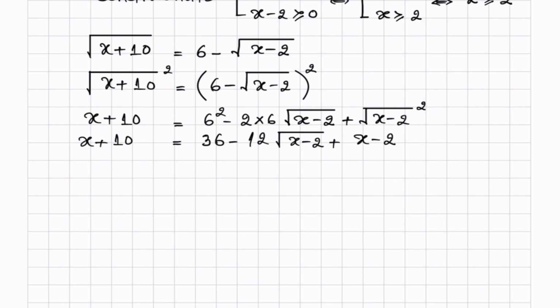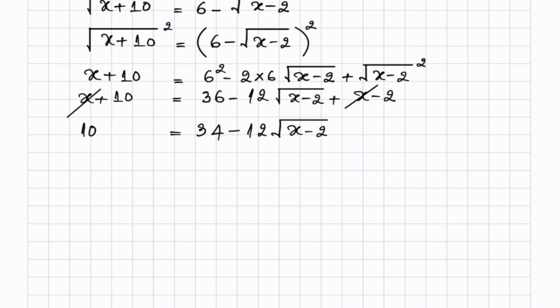Now we can cancel x on both sides of the equation. Then we get 10 equal to, here we get 36 minus 2, which is 34, minus 12 square root of x minus 2.